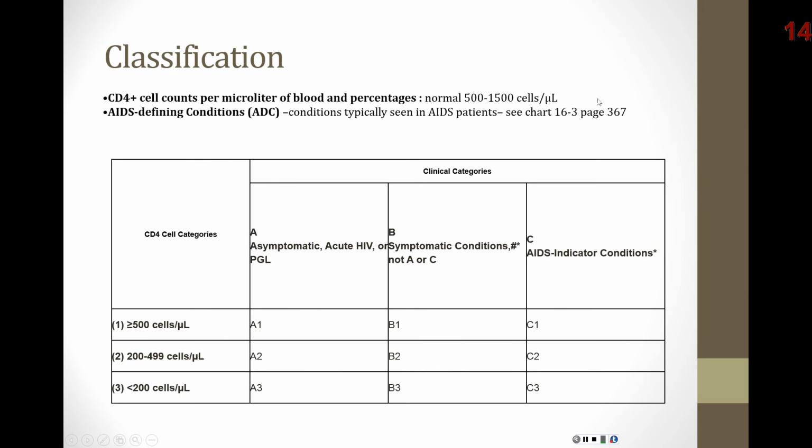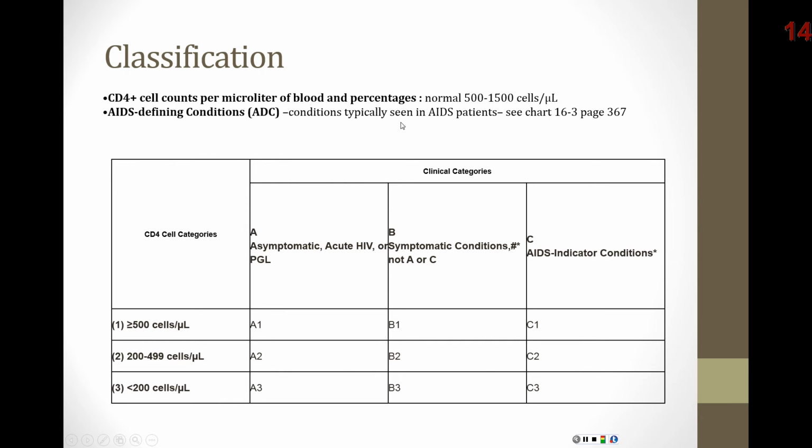So how do we classify HIV? And this is the standard. Now that I'm looking at this slide, I don't have the textbook in front of me. The chart is still 16-3, but I think the page number has changed in the new edition of the book, and I failed to update this on my slide, and I'm just now seeing it as I'm talking to you. So be sure that you take a look in the book.